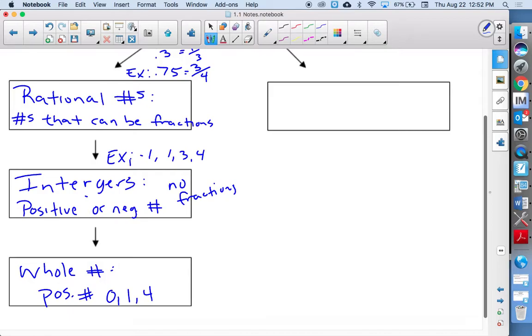And our last one, related to rational numbers, will be irrational numbers. And irrational numbers cannot be fractions.